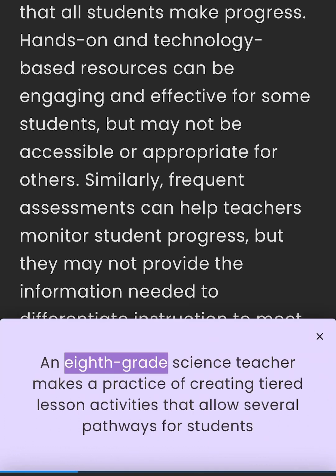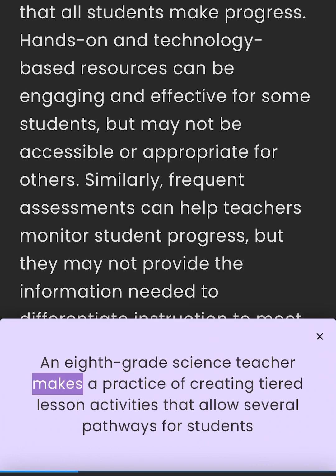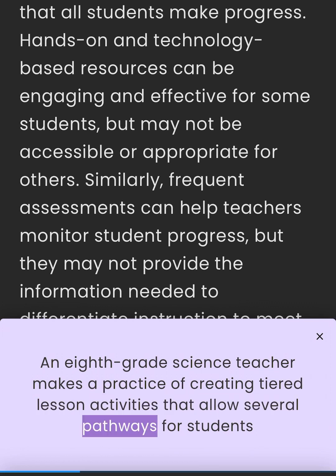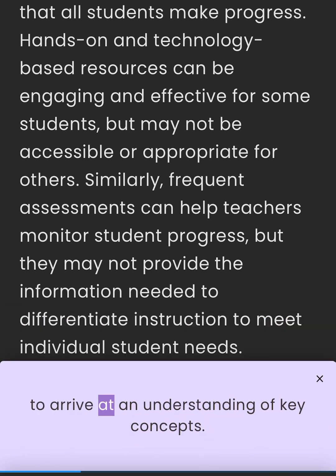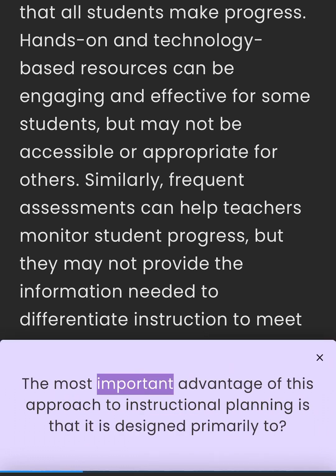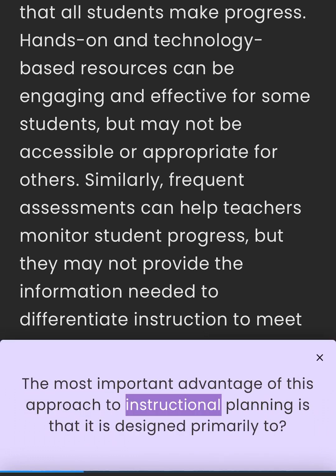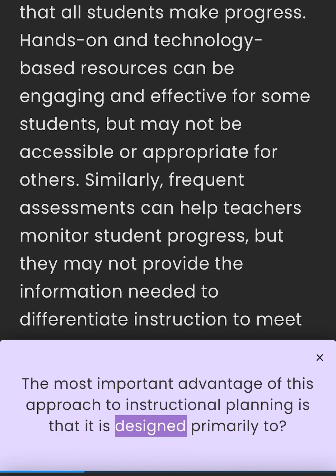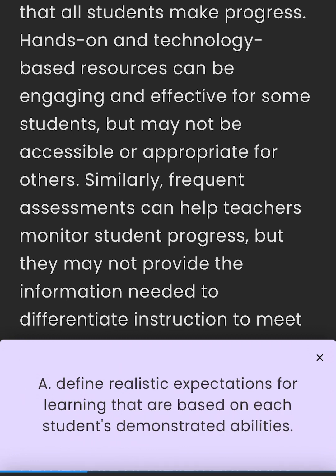12. An 8th grade science teacher makes a practice of creating tiered lesson activities that allow several pathways for students to arrive at an understanding of key concepts. The most important advantage of this approach to instructional planning is that it is designed primarily to A. Define realistic expectations for learning that are based on each student's demonstrated abilities.